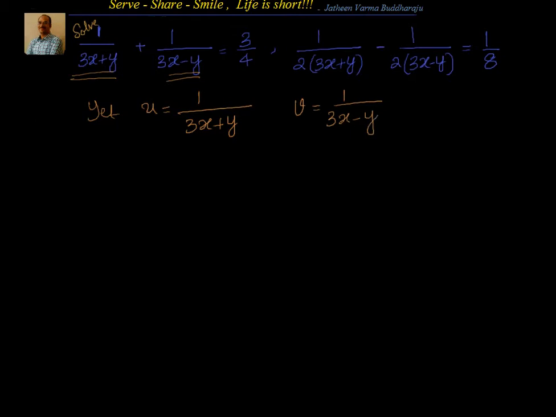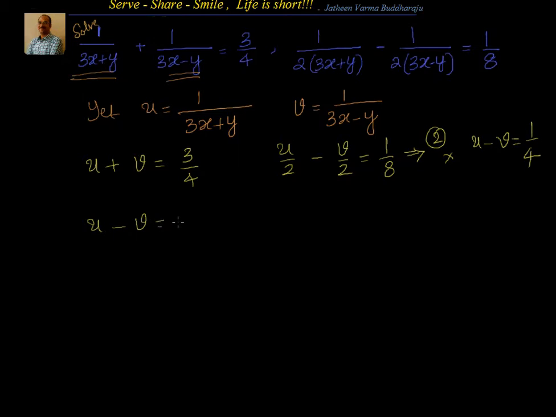Then we will have u + v = 3/4. We will have u/2 − v/2 = 1/8. If you multiply by 2, you will get u − v = 1/4.